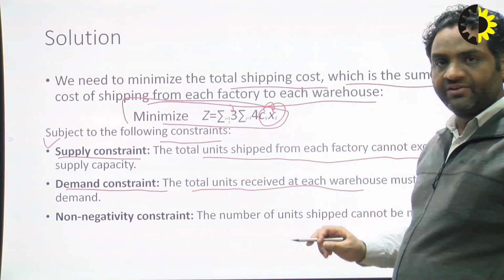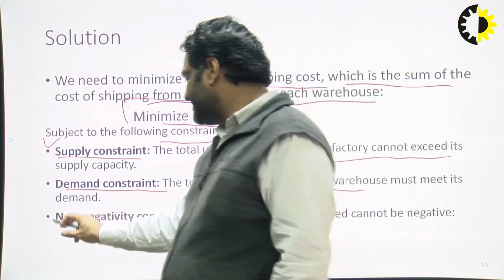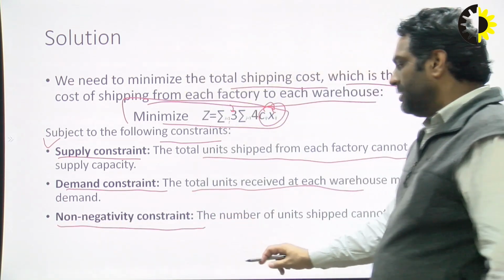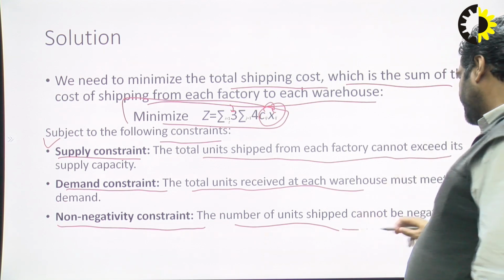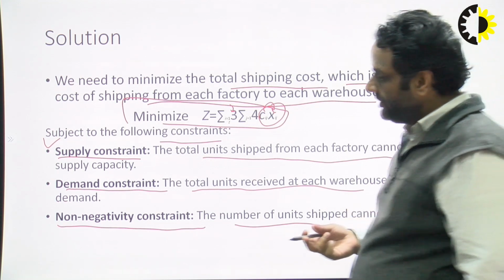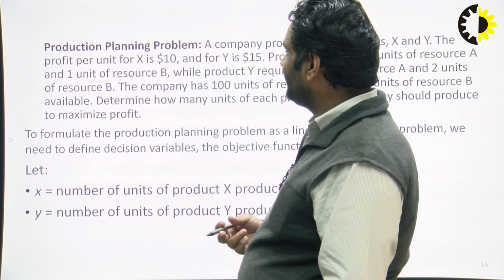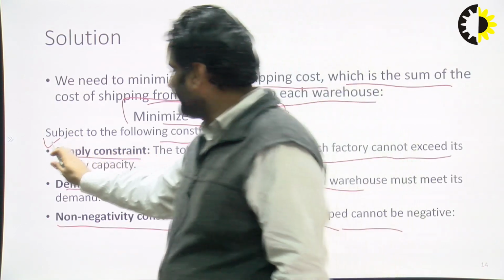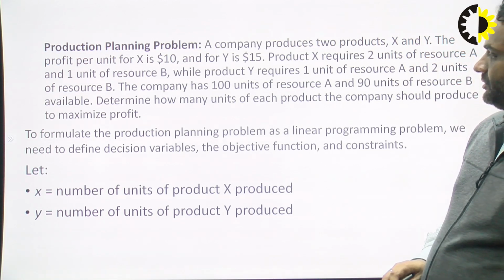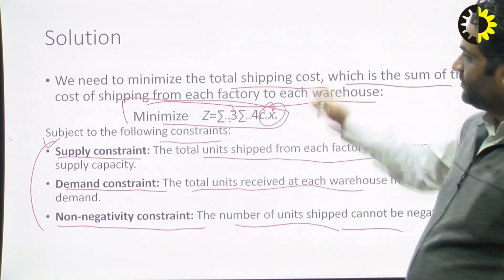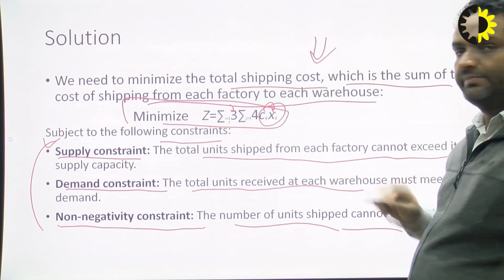This is our second constraint. And the third is the non-negativity constraint, that is, the number of units shipped cannot be negative. So these are our 3 constraints. So this is how we formulate our problem.